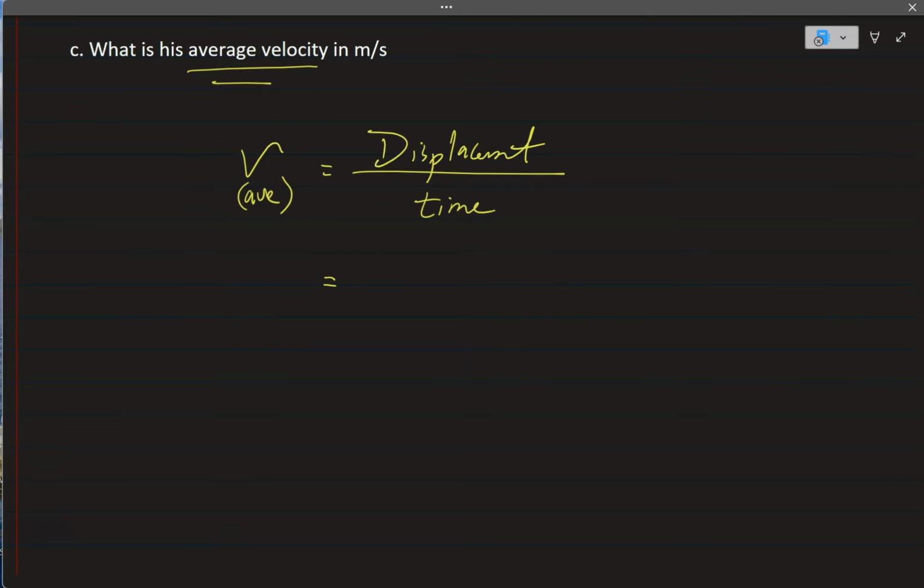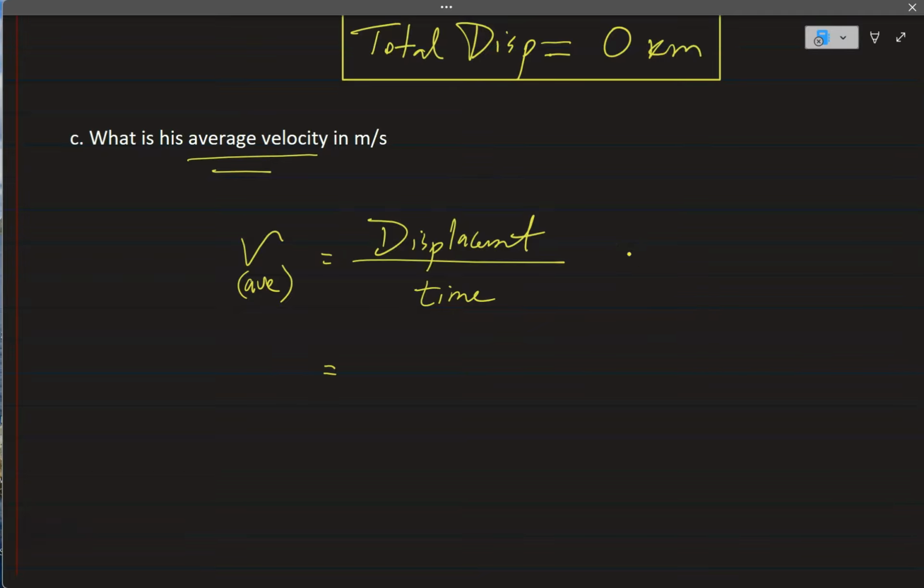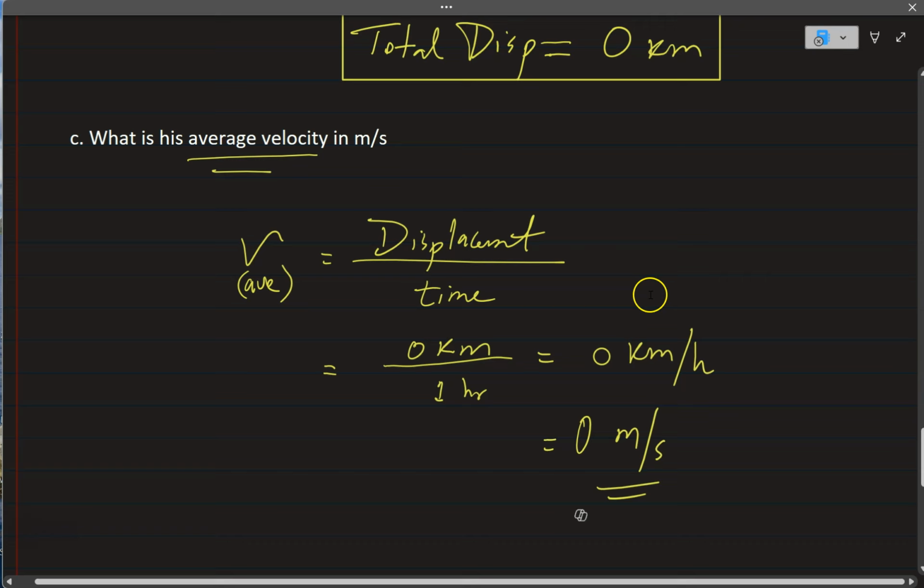The total displacement we already calculated at the top was 0. So this is 0 kilometers on top. Total time, well, 1 hour. What was the average velocity in meters per second? Well, in this case it is 0 kilometers per hour or 0 meters per second. It doesn't matter if you change the unit or not. And that's what it will be.